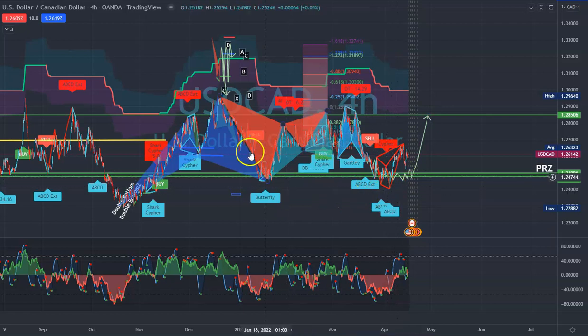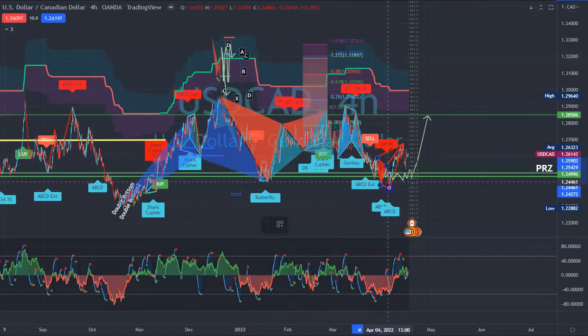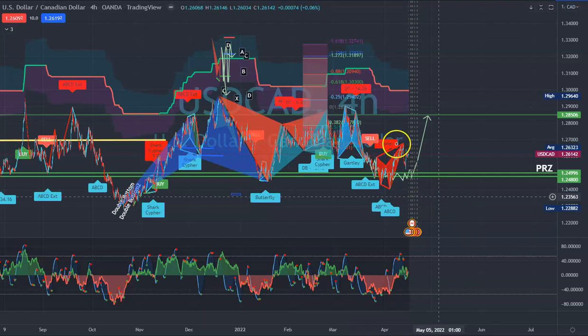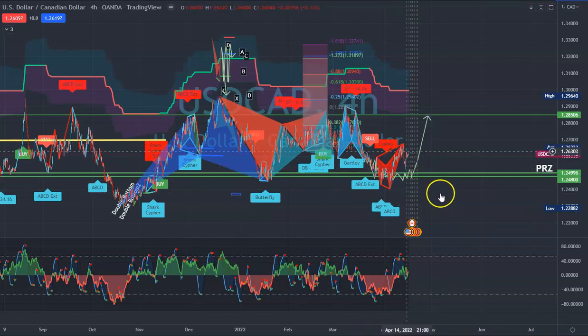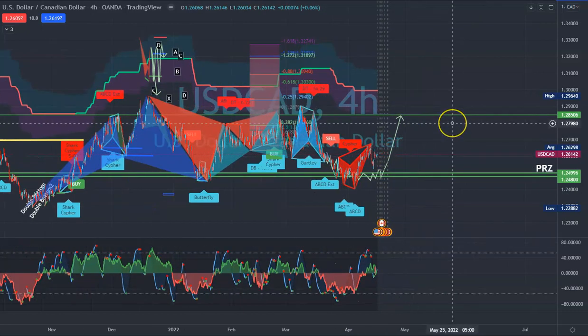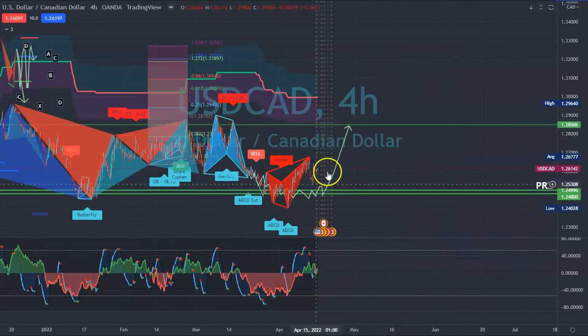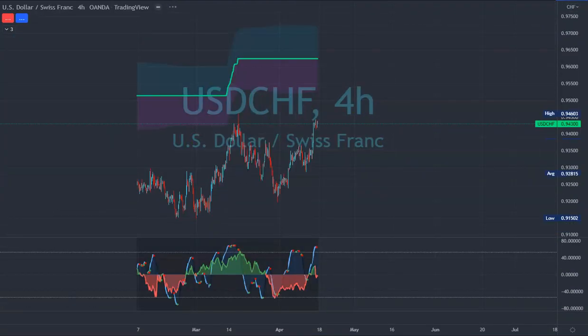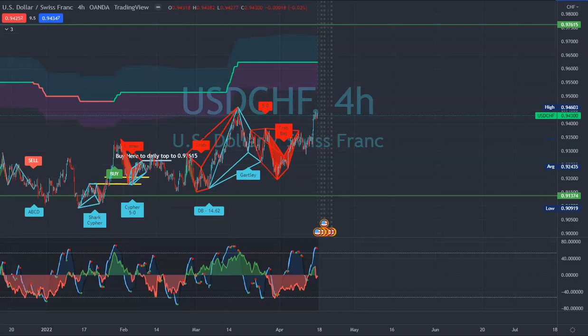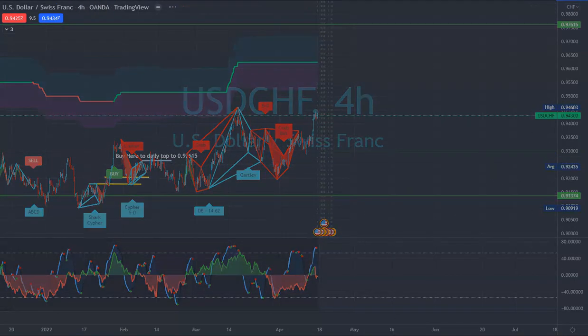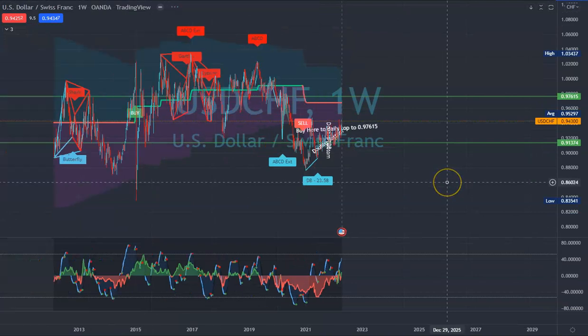Harmonic. Comes here, hits 618. Probably continues on up. There's so many formed there because there's so many people trading it.